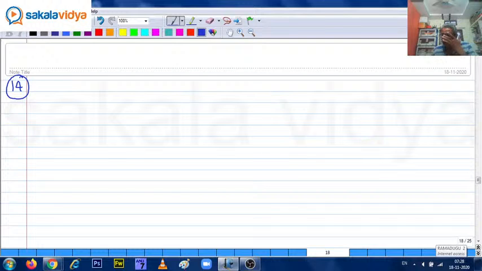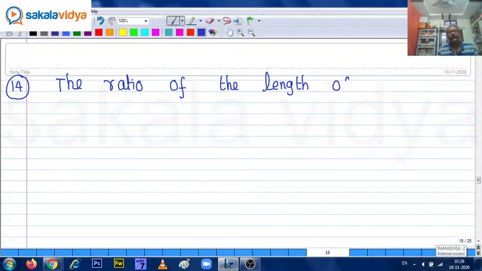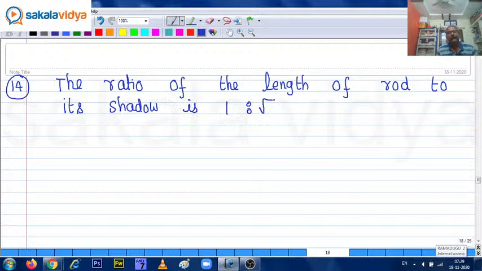14th question. The ratio of the length of a rod to its shadow is 1 is to root 3.